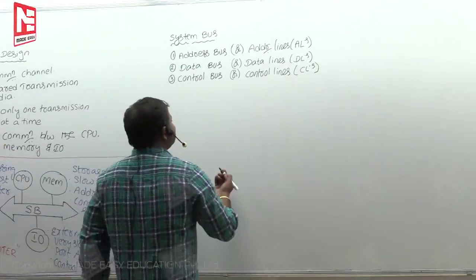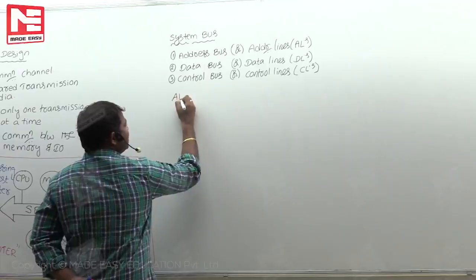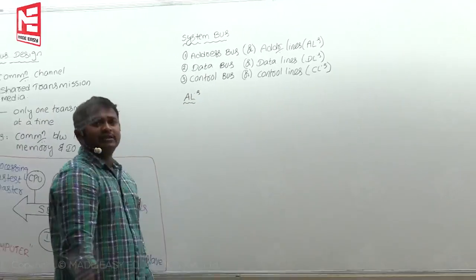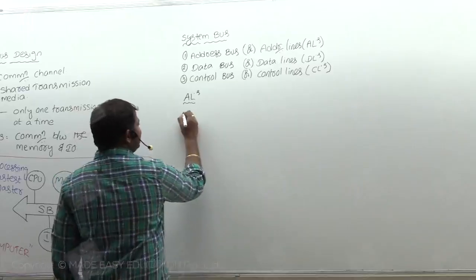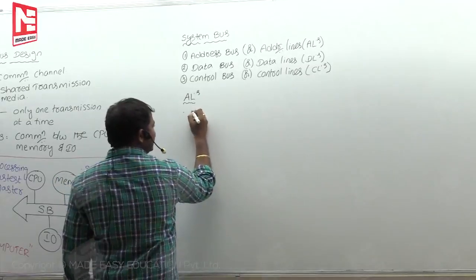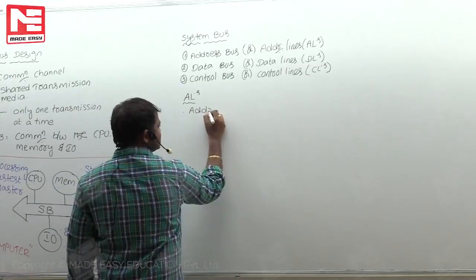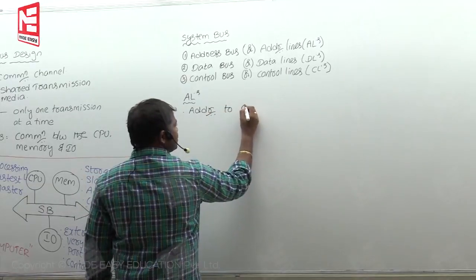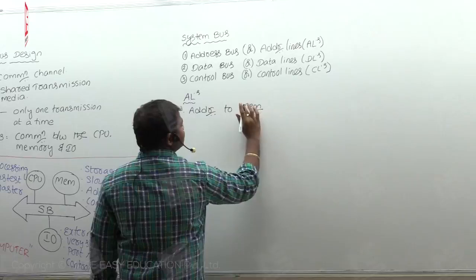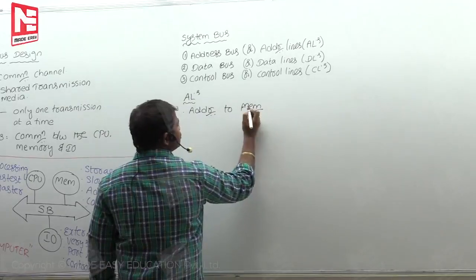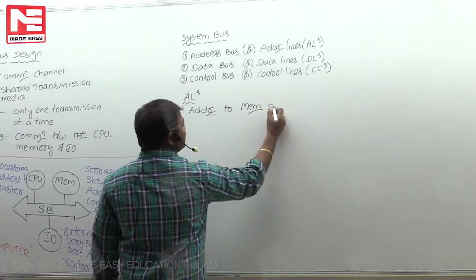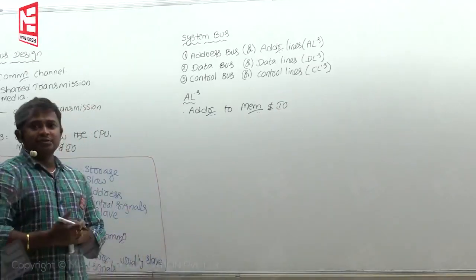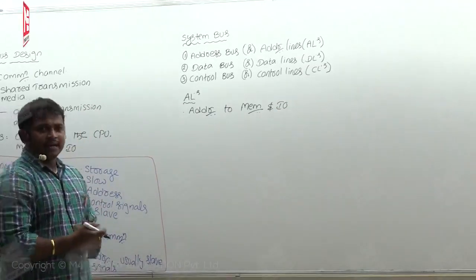Okay, what is the significance of address lines, data lines and control lines? See this. Address lines. Address lines are used to carry the address to memory and IO.